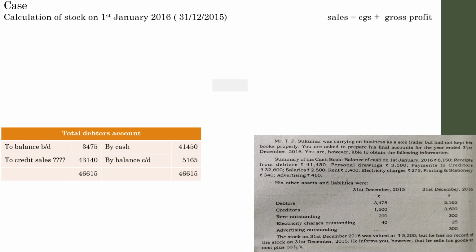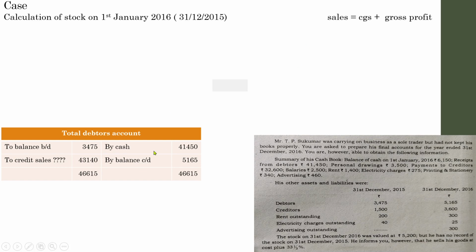Since there is no direct or indirect information regarding cash sales mentioned in the question, you can assume that during the year there was only 43,140 as sales. We will come to that while preparing the trading profit and loss account. Right now we just found the amount of sales.